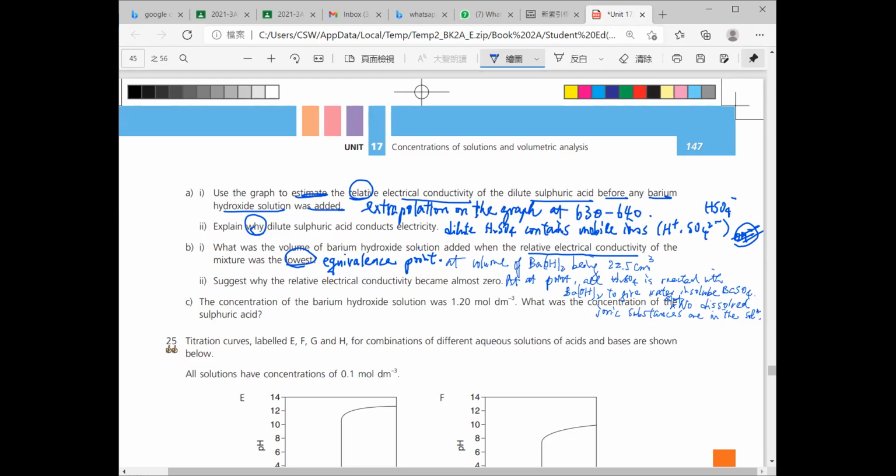Now see the questions on the calculations. What was the concentration of the sulfuric acid? So you stick back to that data: 22.5 cm3 of barium hydroxide reacts with sulfuric acid of about 25.0 cm3. So you start from this.